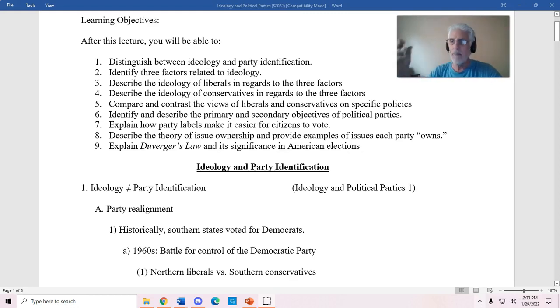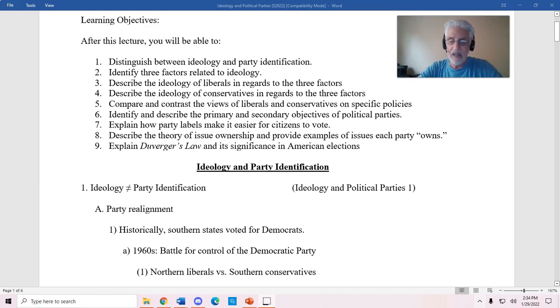This is in part a product of the Civil War, right? The southern states made up the Confederacy, the northern states were the Union. And the clash was between these two groups. So out of this eventually developed the Republican Party, the Party of Lincoln, and the Democratic Party, which was more commonly associated with the South.